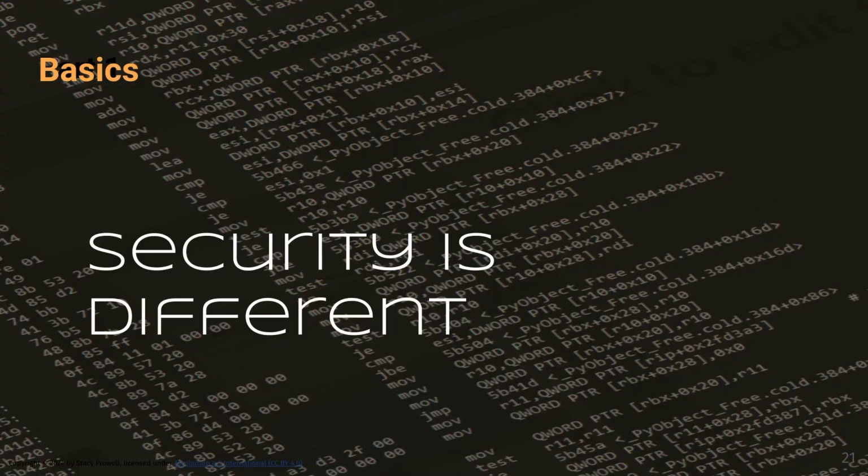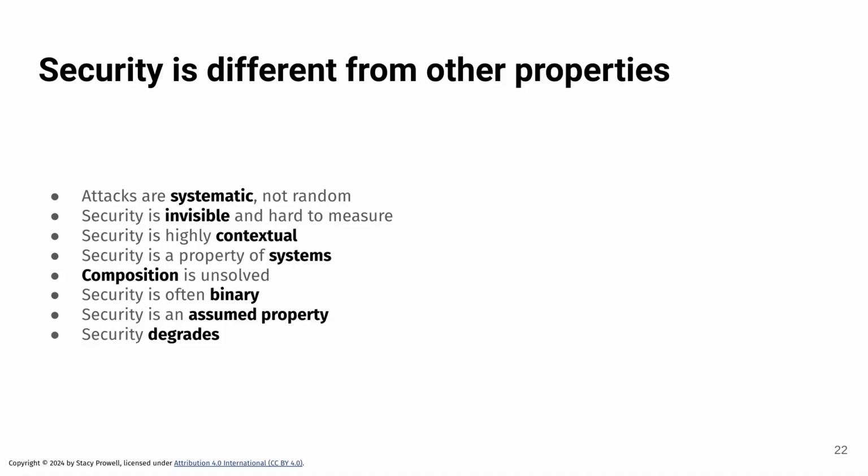All right. So let's talk about why security is different from other properties. Attacks by an attacker, someone who's an adversary attacking your system, are not random. They are systematic.